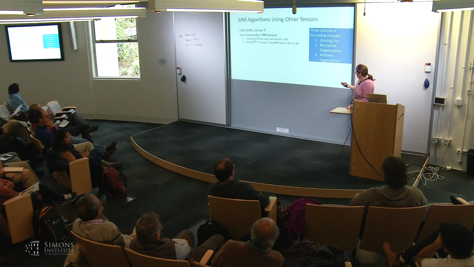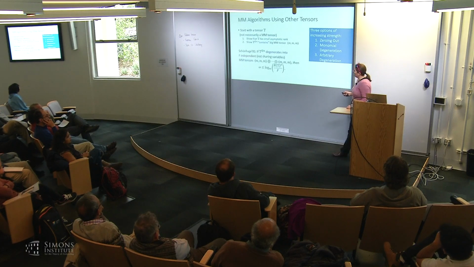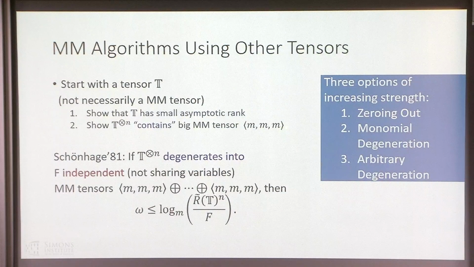Okay, so, all right. As an aside, I want to say that instead of containing a single matrix multiplication tensor, by a theorem of Schoenhage, we know that actually it's okay for the tensor power to contain a bunch of matrix multiplication tensors that do not share any variables. And this will also give you a bound on omega via this asymptotic rank inequality by Schoenhage.